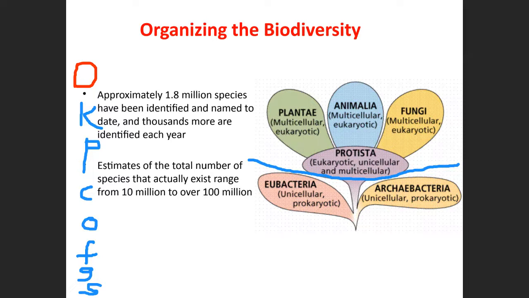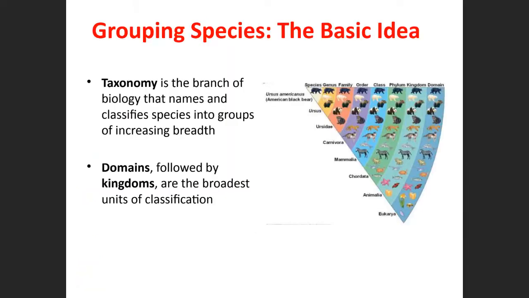And so if we move along, then we find out that here's a taxonomy including the domains, and you can see that as we go from an area of most inclusivity, the domains, and go kingdom, phylum, class, order, family, genus, and species, things become very, very specialized. They become very, very unique.